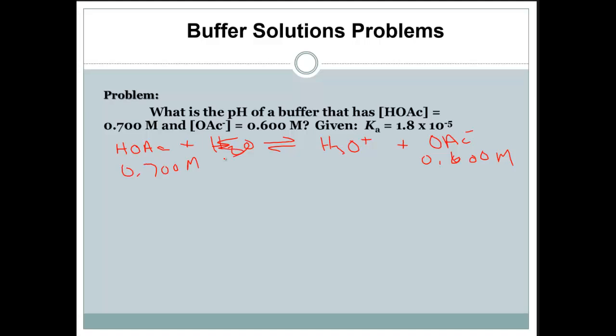The H2O is ignored because it's a liquid, and initially we don't have any of the H3O plus there. So since they gave us the Ka, we're going to say that it's going to leave as an acid and then add as a base.